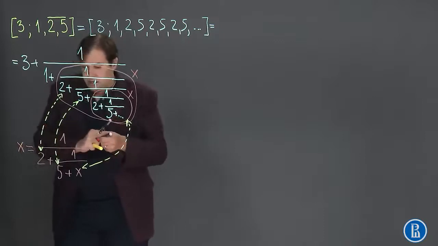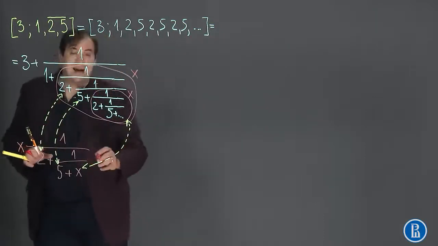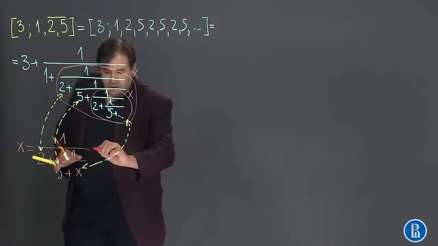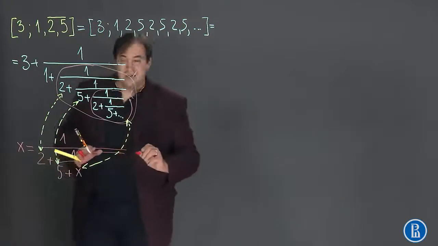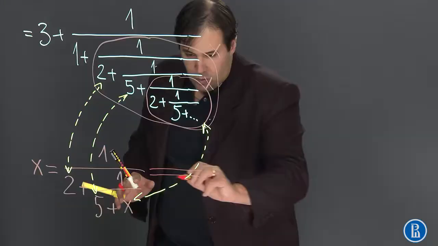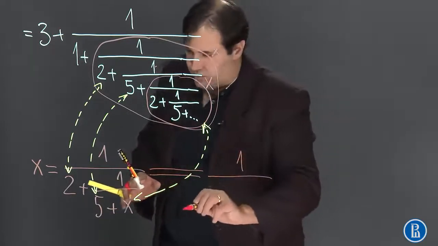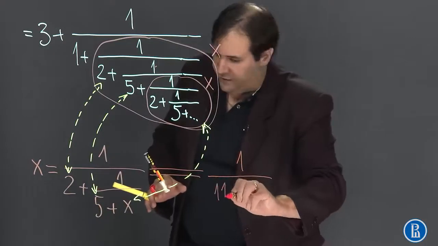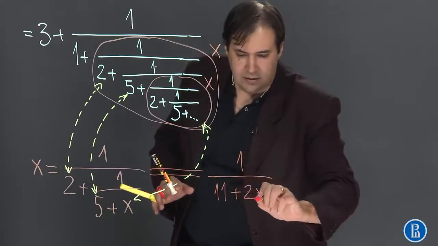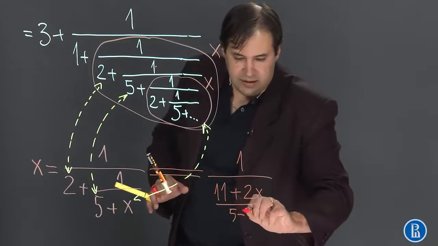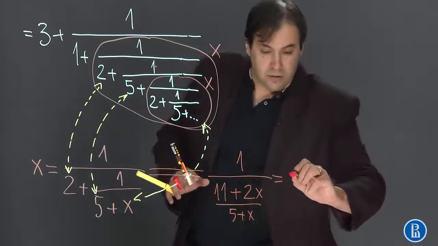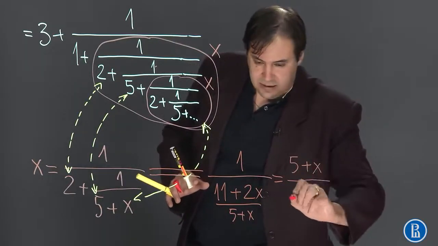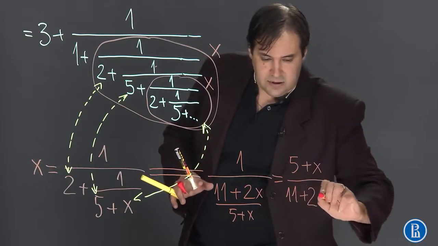Now, to solve this equation, we simply transform the right-hand side into a simple fraction. So here we write that it is equal to 1 over 2 times 5 is 10 plus 2x plus 1. It is 11 plus 2x over 5 plus x, which is equal to, finally, 5 plus x over 11 plus 2x.